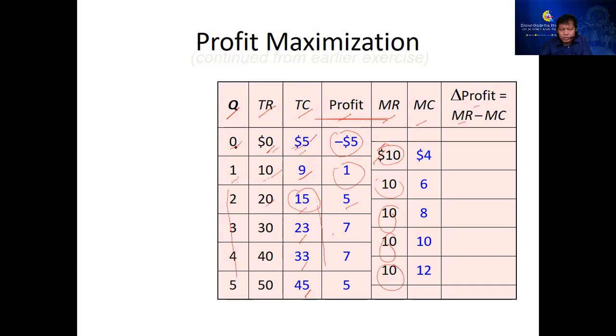Then when he produces one, the cost becomes 9. So the marginal cost is 9 minus 5 equals 4, divided by the difference in quantity, 1 minus 0, which is 1. Then here it is 6, because 15 minus 9 is 6, divided by 2 minus 1, which is 1. So 6 is the additional cost for each additional unit.